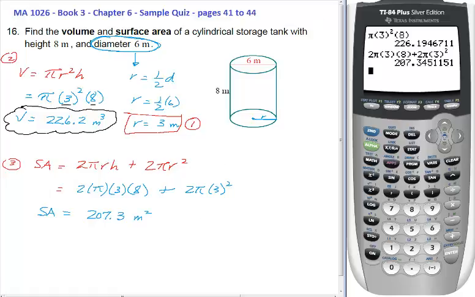And again, if we went significant digits, because there's only one significant digit in our original and we're multiplying, we would have to go one significant digit, so technically we have to round that too if we went with significant digits. Okay, but we'll leave it as one decimal place. Okay, so there's the answer to number 16. So there's your surface area and your volume.